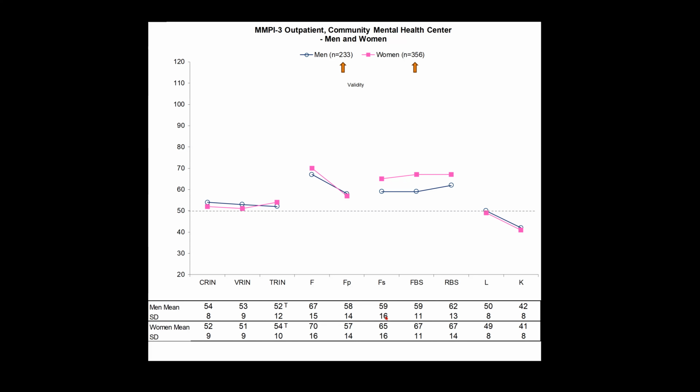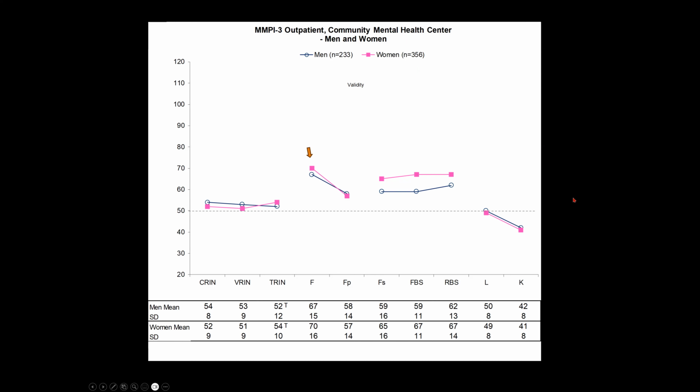And we can see here with the inconsistency scales, they're pretty close, both men and women, to the general population mean. Of course, if any of our comparison groups produces scores that are the same as the normative sample, they're going to have a mean of 50 and a standard deviation of 10. So to the extent that the means and standard deviations deviate from 50 and 10, that represents a difference for this particular comparison group, where we see a fairly sizable difference.